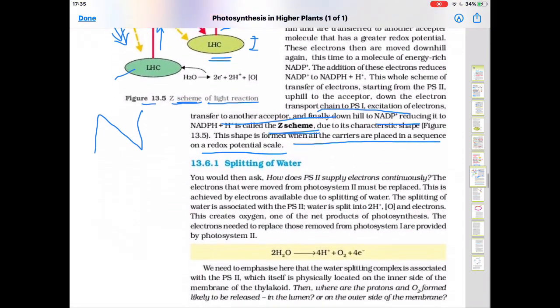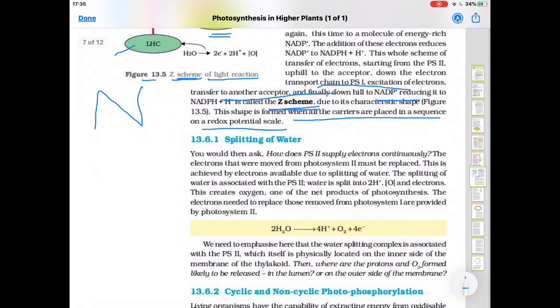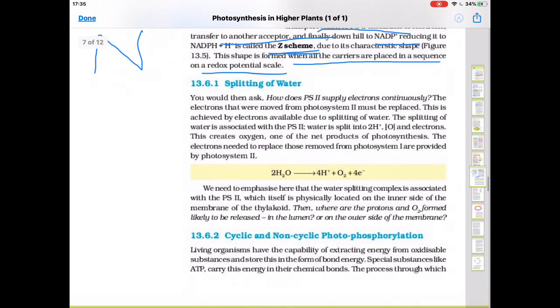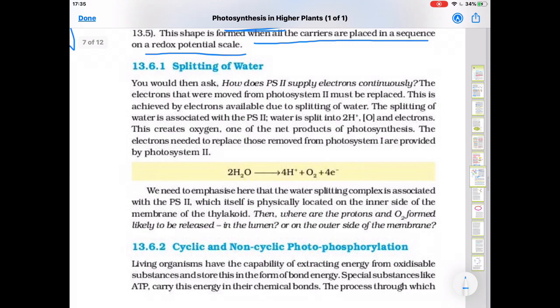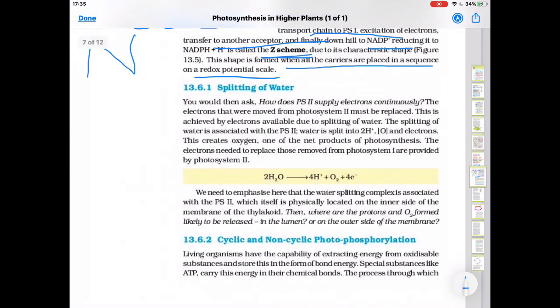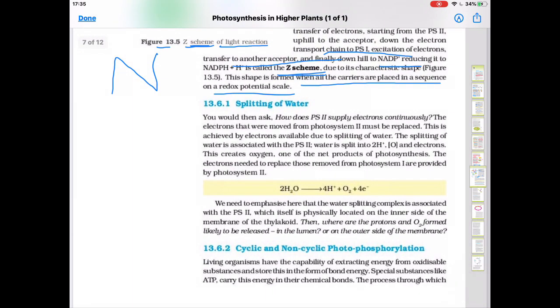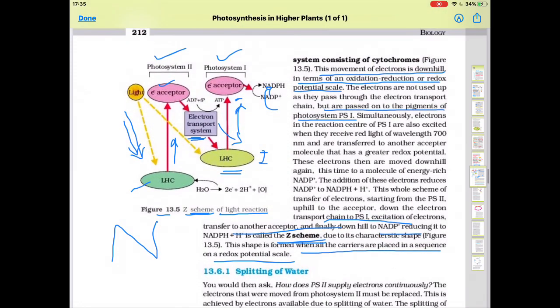Splitting of water. As you have seen in the Z scheme of the light reaction, PS2 is continuously providing electrons to PS1. From the LHC of PS2, the electrons are moving towards PS1. So here the question arises: how does PS2 supply electrons continuously?